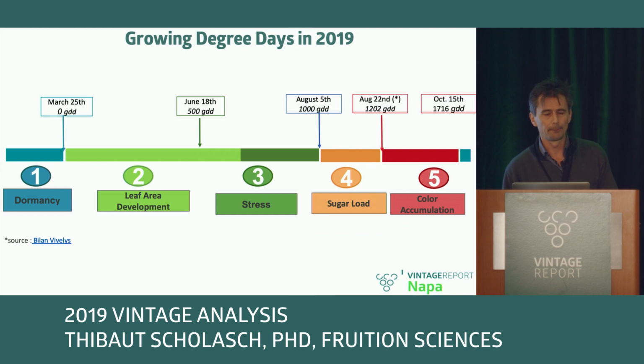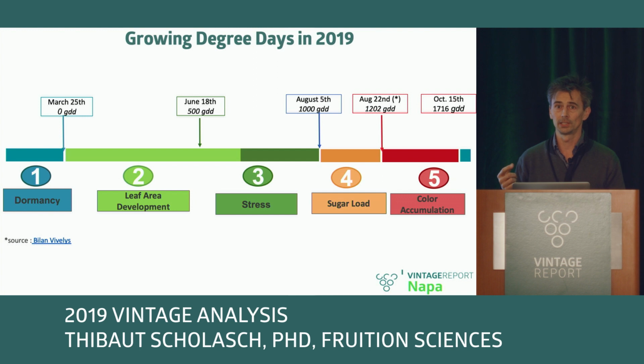To put things in perspective, this is how the growing degree days have distributed themselves all along the season. So the numbers I have put here come from regional statistics over the entire Napa Valley. On average, we observed a late bud break date, which is when we started the clock in terms of heat accumulation.